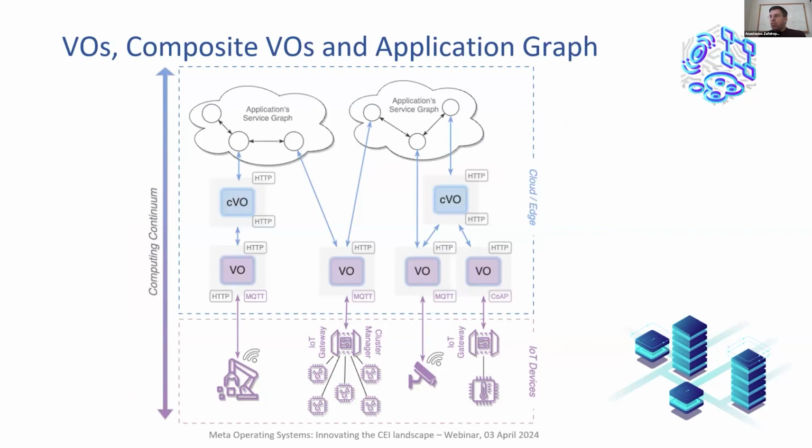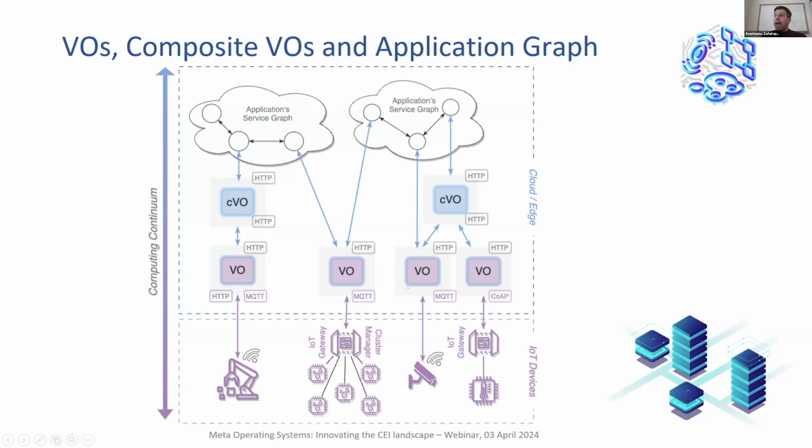Now, coming to the two core innovations. The first one has to do with the EUCloud open source software stack. We have introduced the notion of virtual objects as the virtual counterparts of EUCloud devices. We can have one virtual object that interacts with a specific EUCloud device, or in some cases where we have clusters of identical EUCloud devices, we can have a virtual object managing the gateway that is managing the different devices.